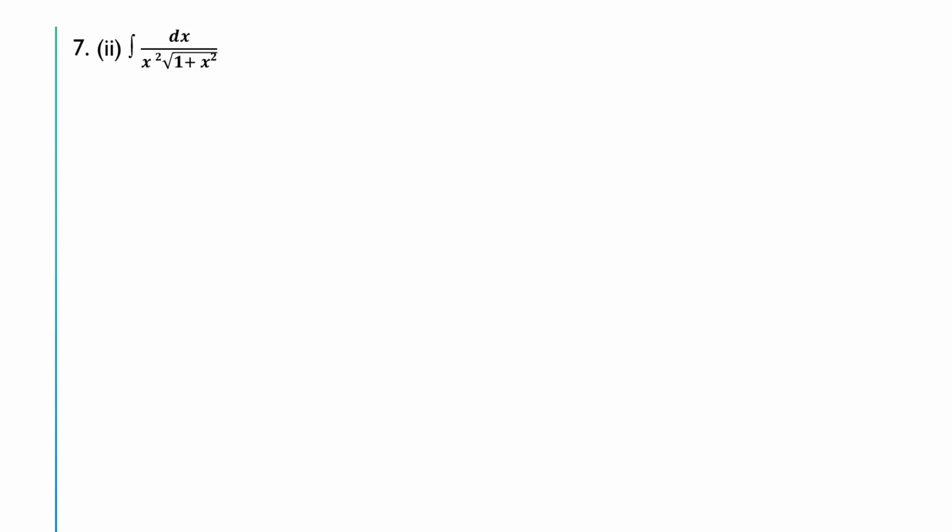Next question, integral dx divided by x square into root of 1 plus x square. So similar to the previous one, what we can do is, here it is x square into root of, let us take x square outside, so that we will have 1 by x square plus 1.